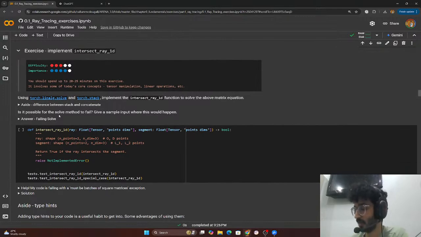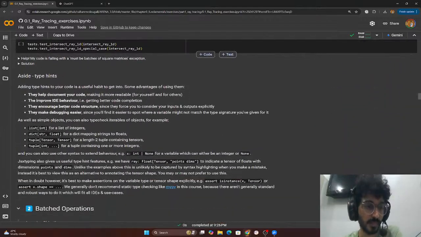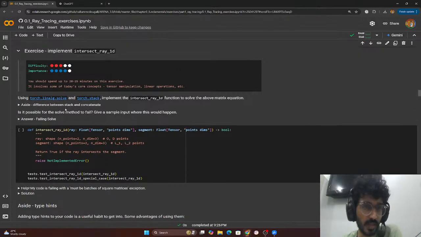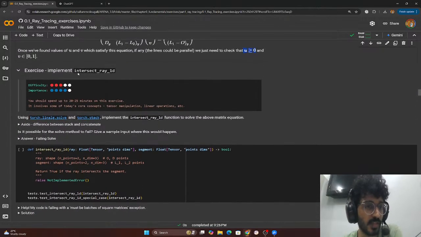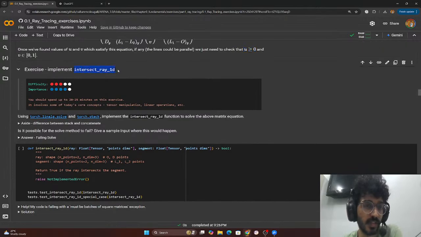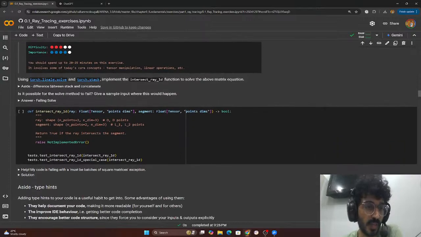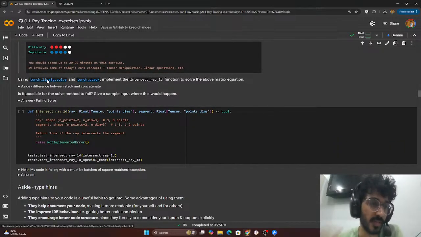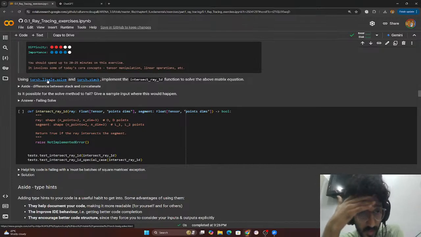Okay, so I guess this is the last one for now. Let's implement intersect ray 1D, 20-25 minutes. It's fine. So using torch linear algebra solve and torch stack, implement the intersect ray 1D function to solve the above matrix equation.